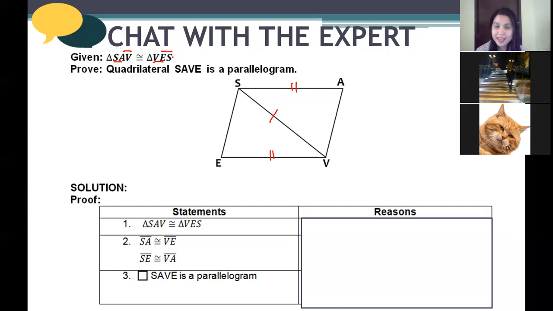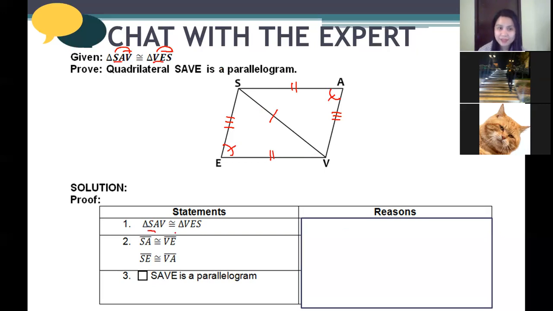So let me mark AV and ES. There. The first and the last, SV and VS. This is the one. It's equal. For the angles also, angle S is equal to angle V, this part. Angle A is equal to angle E. So we're now marked.